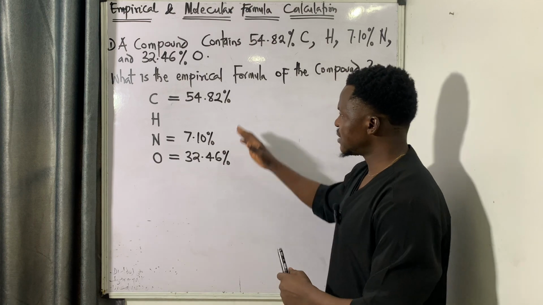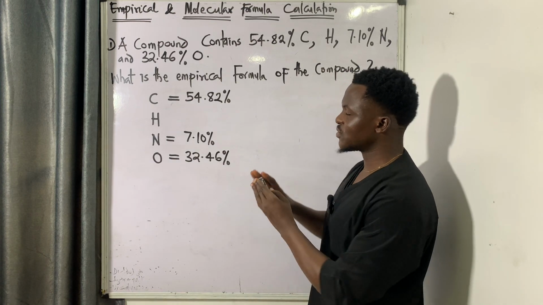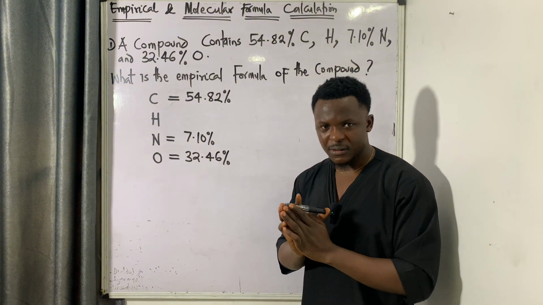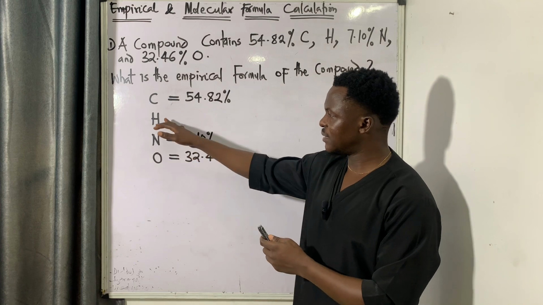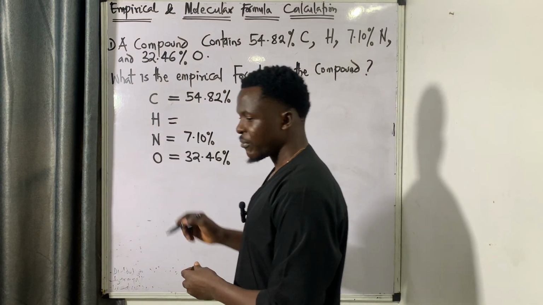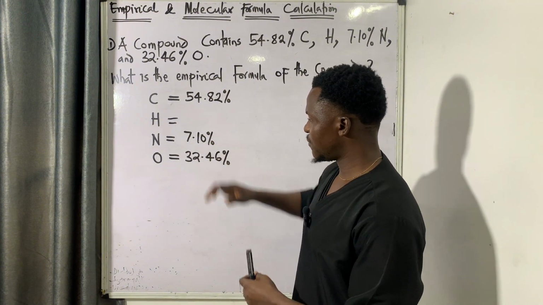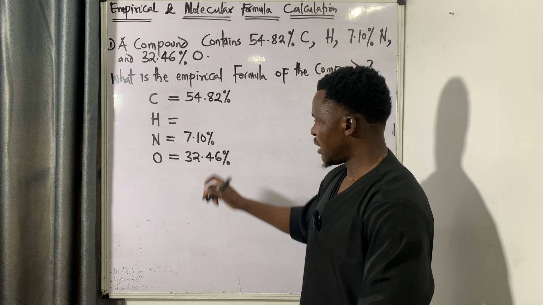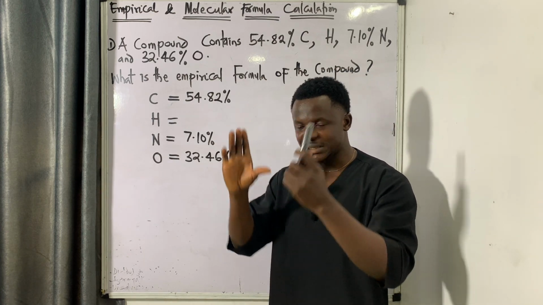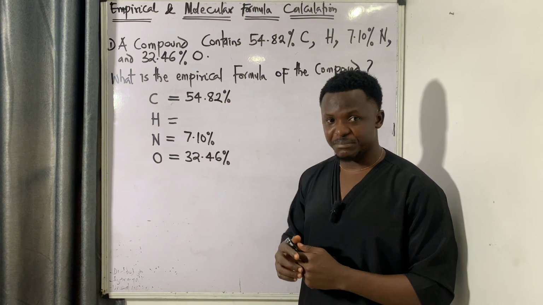Very simple. Now, since the composition is given to us in terms of percentage, and we all know that anything that is actually given to us in terms of percentage, the total should always round up to 100, right? Now, so for us to find the percentage composition of hydrogen, we are simply going to add up the percentage composition of that of carbon, that of nitrogen, and that of oxygen, and subtract it from 100, because 100 is a total percentage that a compound is going to have, so long as they give us others in percentage.